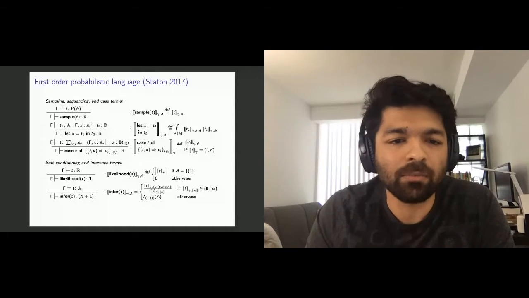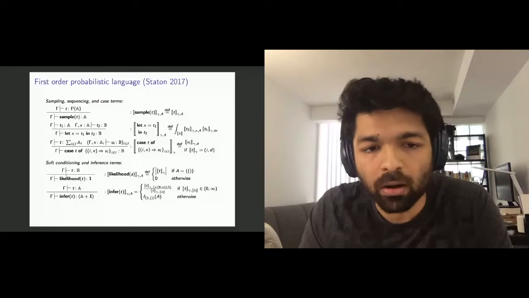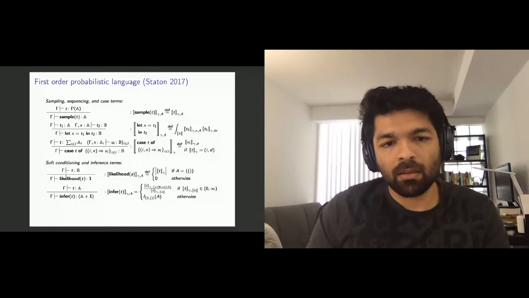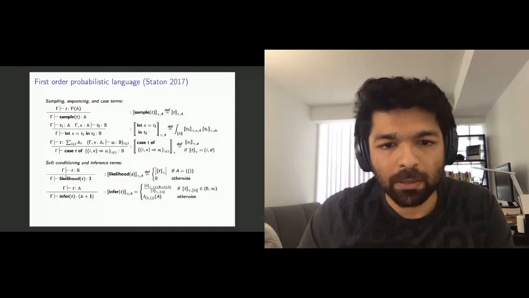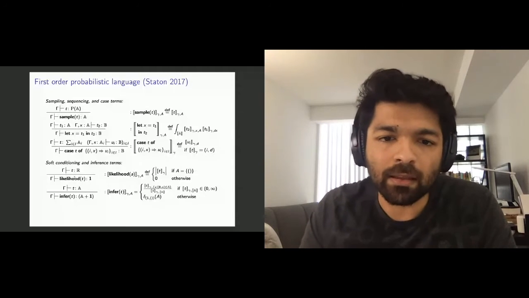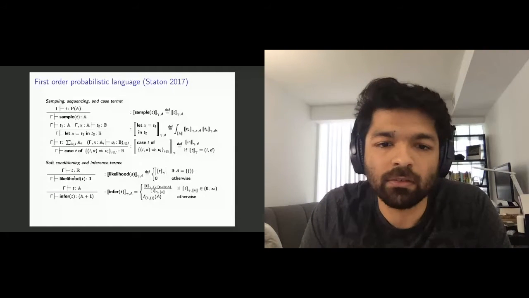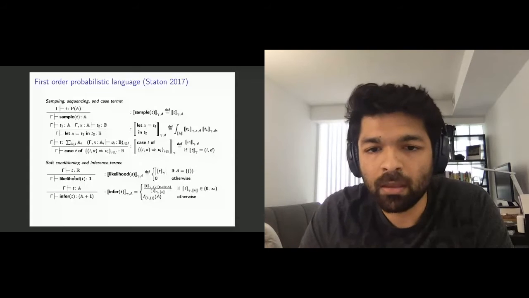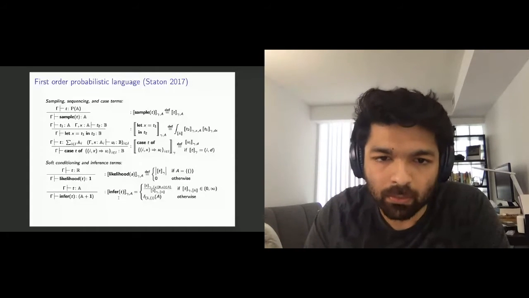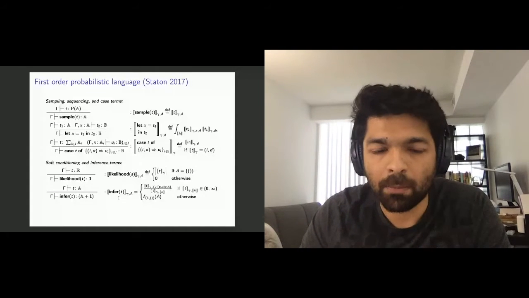This likelihood term is sometimes referred to as a score or factor in languages like WebPPL. So our goal is, there are different implementations of this construct infer, and how can we reason about a particular implementation.